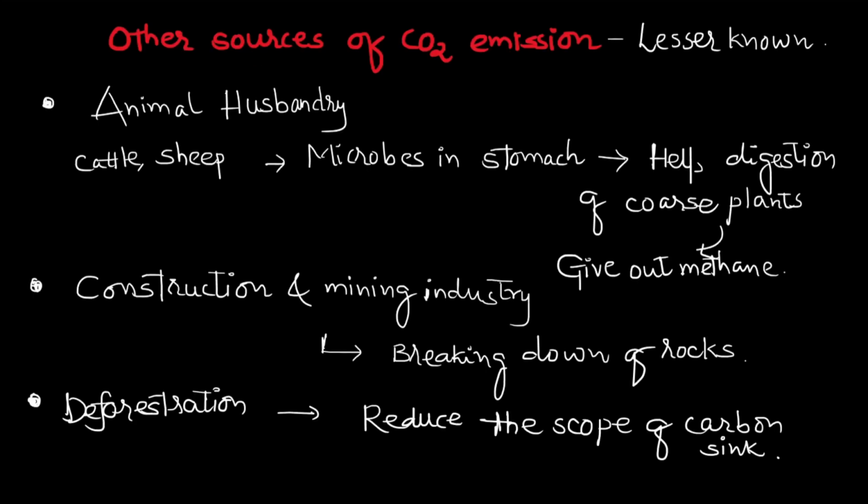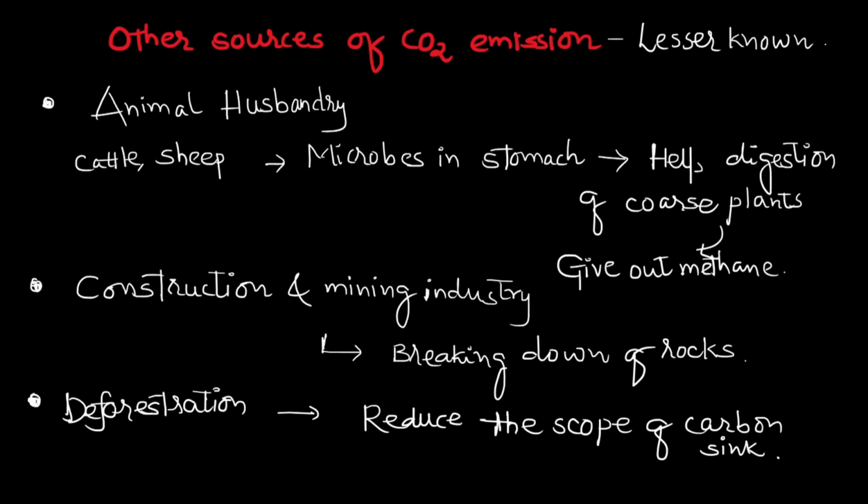Now let us talk about some other sources which give rise to the CO2 emission. These are lesser known sources, but there is a high chance that examiners may frame questions around these kinds of emission sources. So first is animal husbandry. Raising cattle and sheep is a part of animal husbandry.